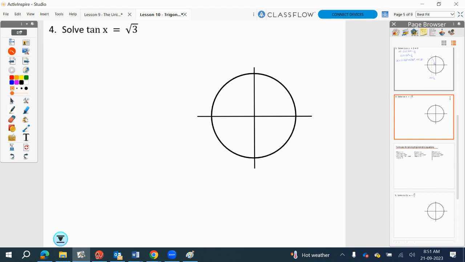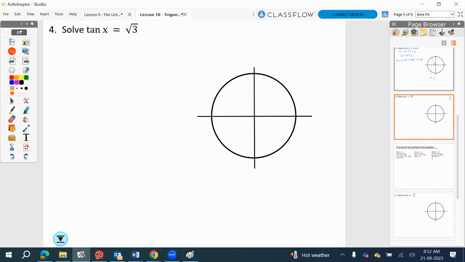Do I need my red pen for that? Or do I need my red pen of shame? Remember that tan is sine over cos.